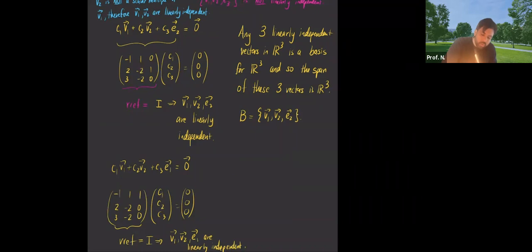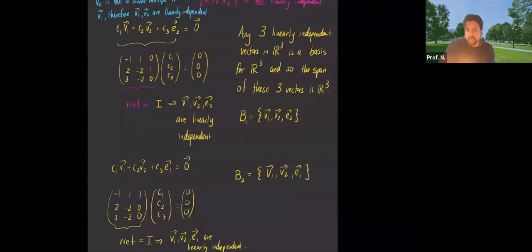So we just showed you that I'm going to call this B, this B1, and this B2. I have another basis, V1, V2, E1. This works as well. Why does this work?